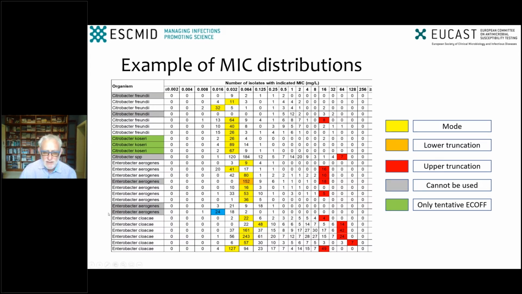As you can see, there's a second distribution in this list where the mode is clearly significantly different for that species than any mode seen in the other distributions. And so again, we believe that represents a problem and the data are excluded from the analysis. It's still collected, still stored, but not used directly for setting ECOFFs.